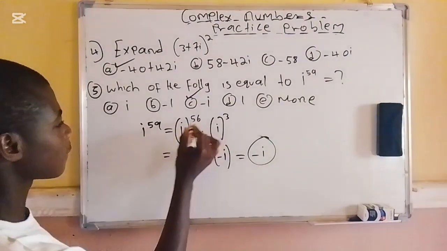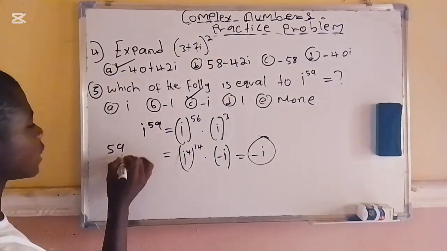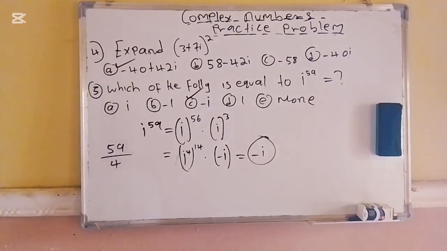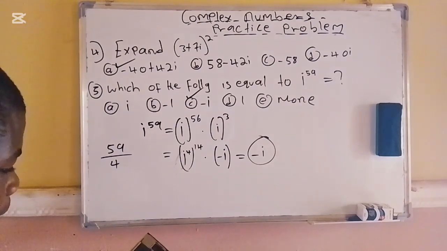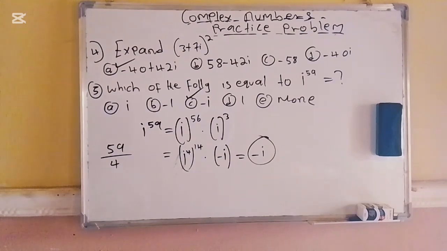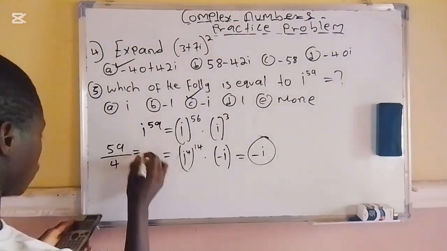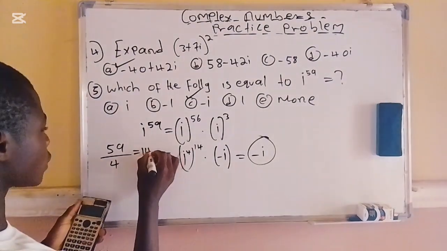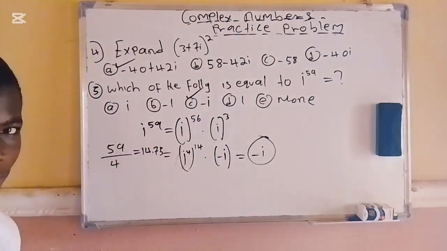Let me show you another thing. If I say 59 divided by 4, what am I going to get? It will be equal to 14.75.